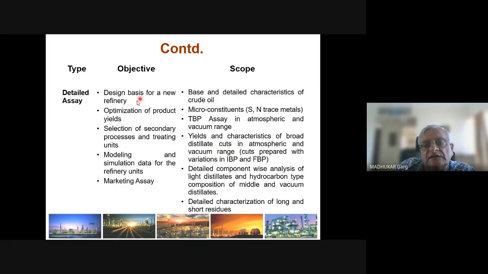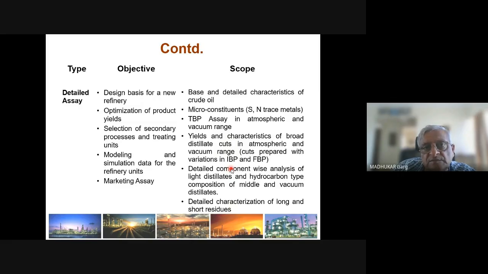And for that, we need this complete data so that we know what kind of fractions we'll get, how much quantity, what the impurity levels are, and what hydrocarbon types are present in each of these fractions, for the secondary conversion units like catalytic reforming and fluidized catalytic cracking.